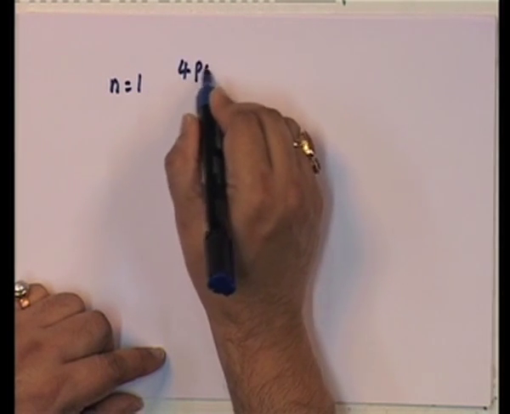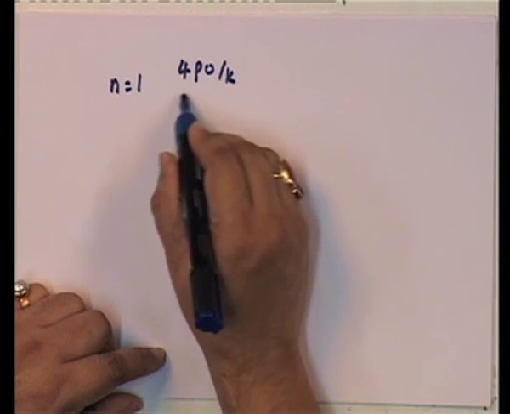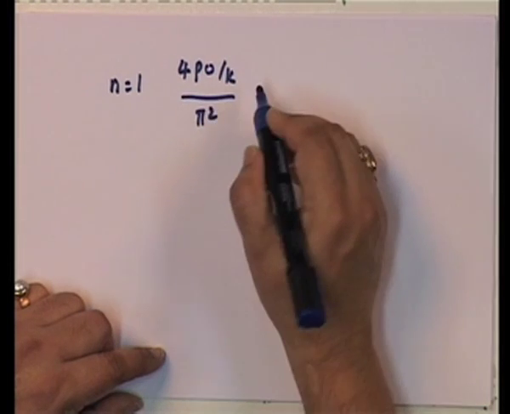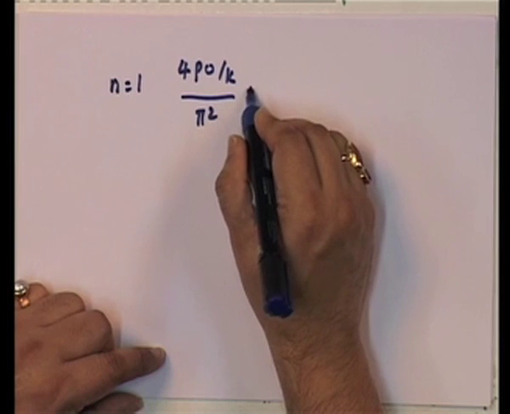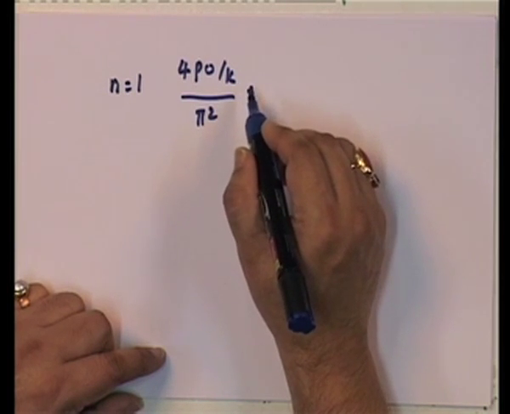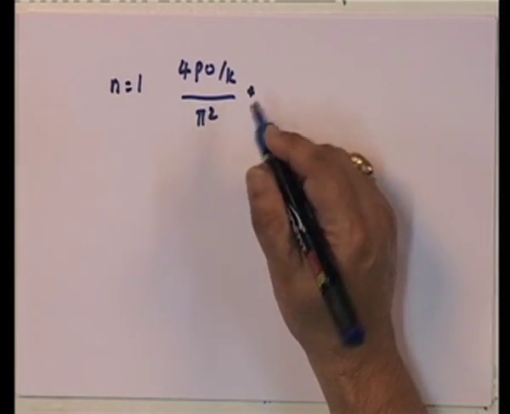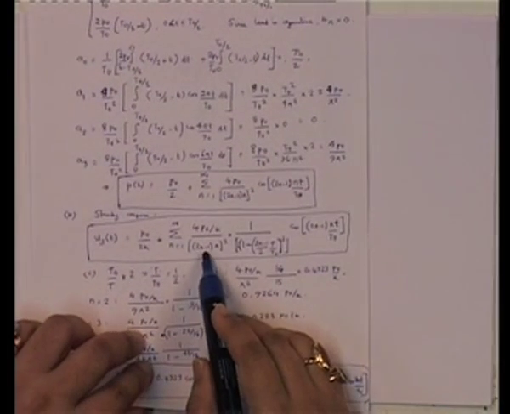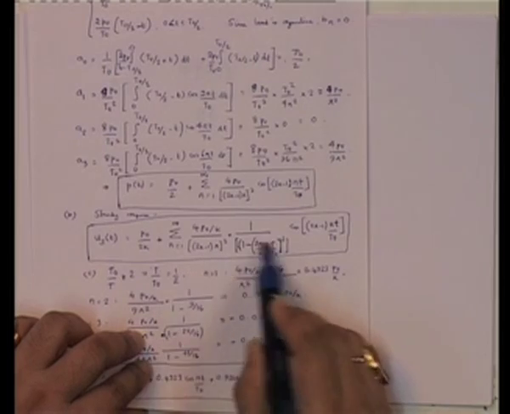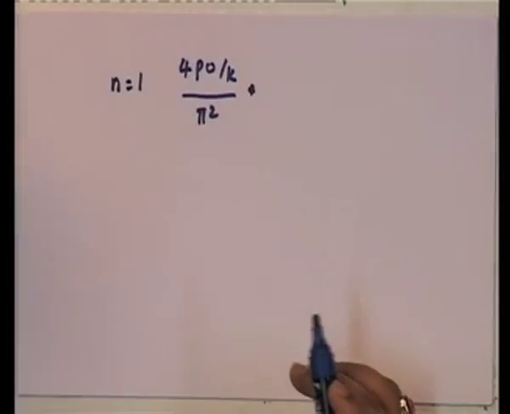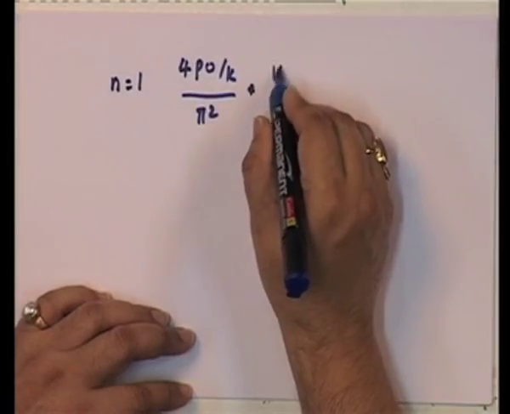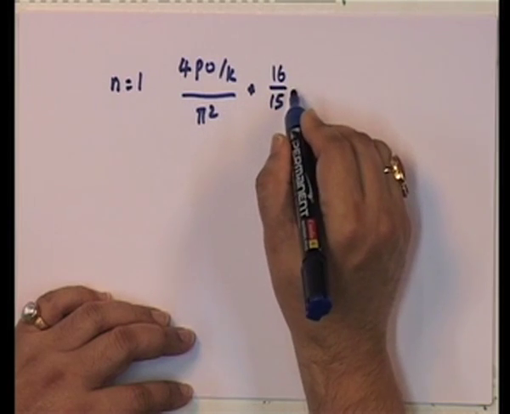4 p naught upon k into pi upon, well, now you need to do this, that this is 2n minus 1. So, this becomes pi, and then you need to do this one also. So, that becomes 16 upon 15.